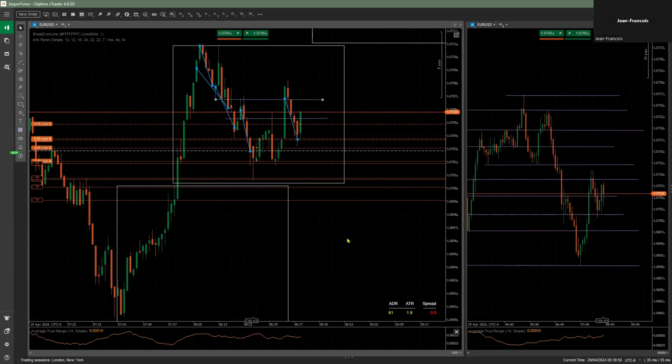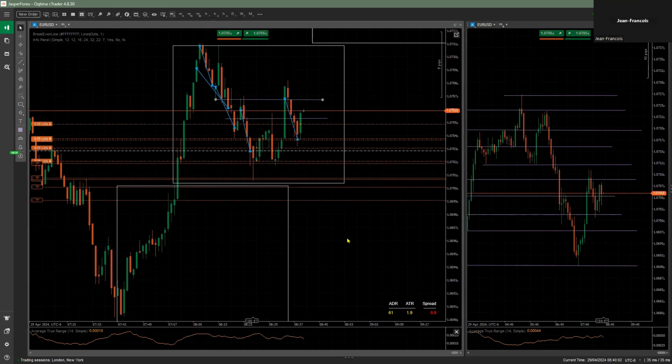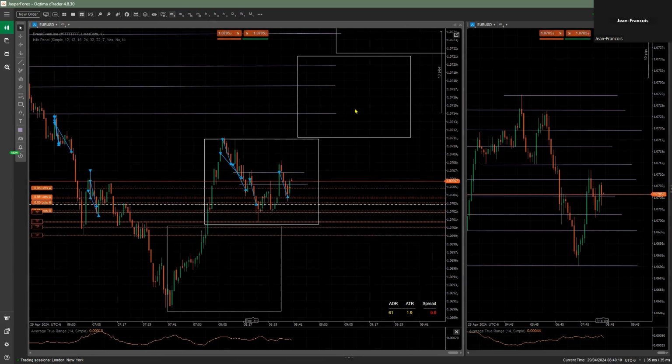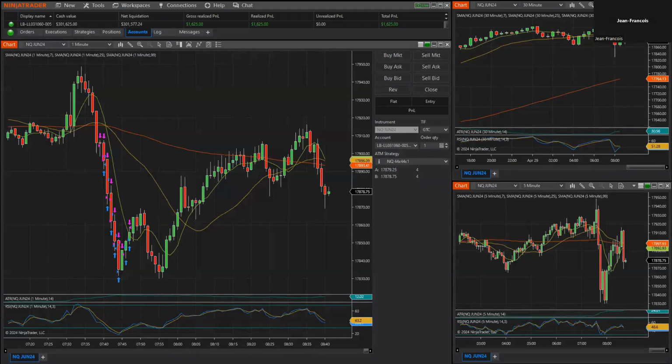We'll give it another 20 minutes. We should be able to hopefully flatten our book. What's happening with the NASDAQ? Nothing.